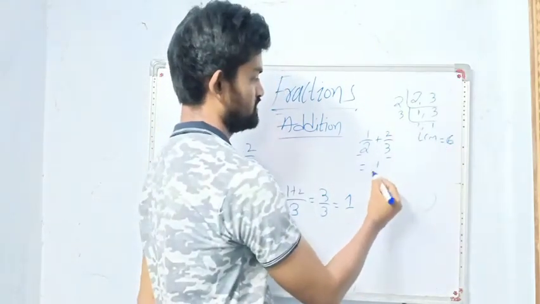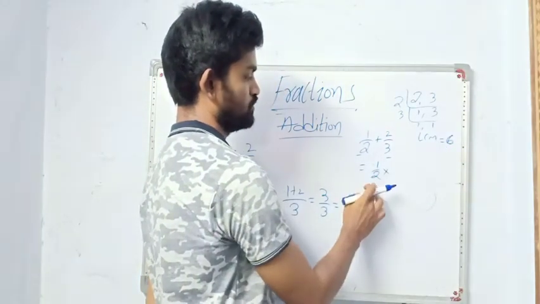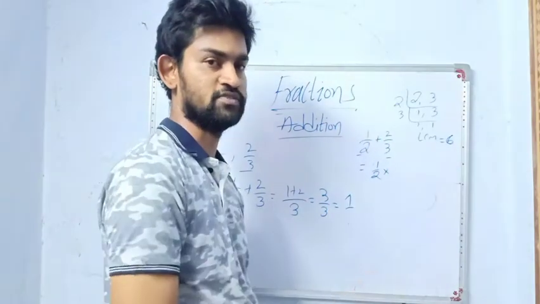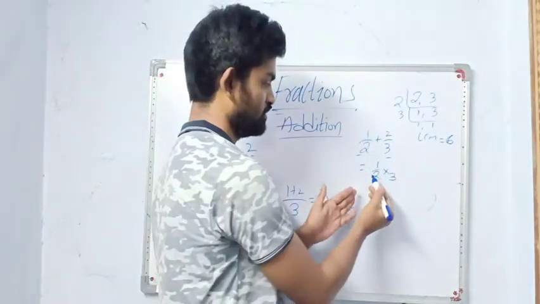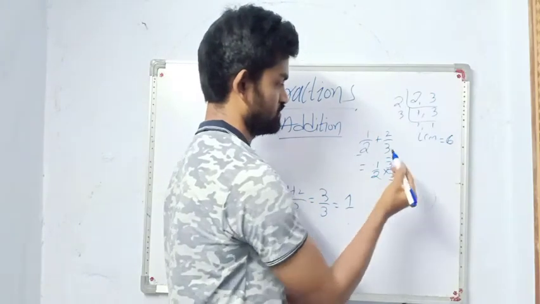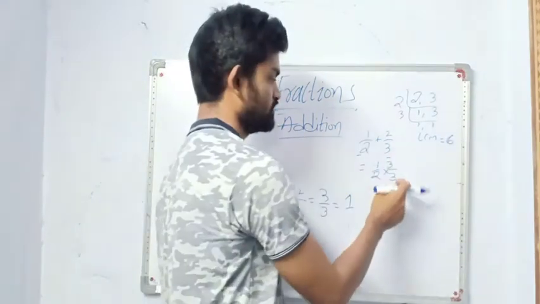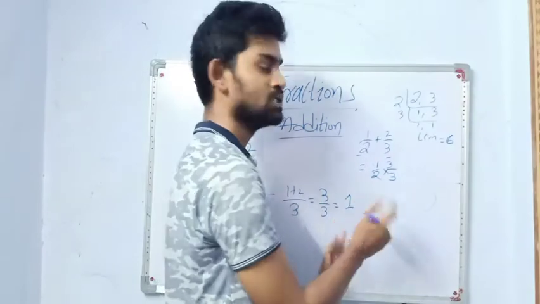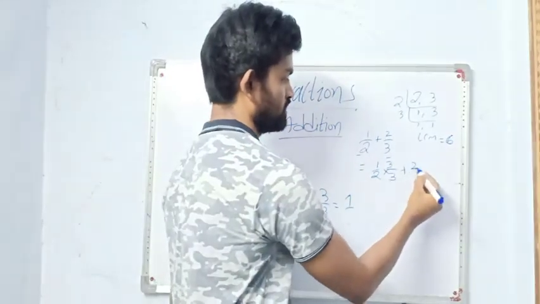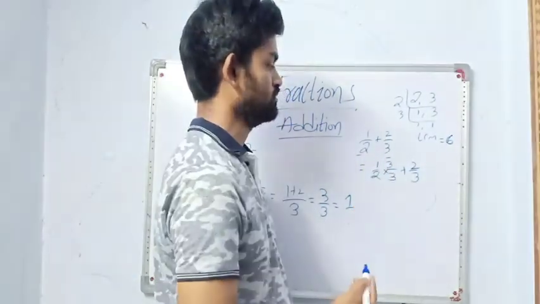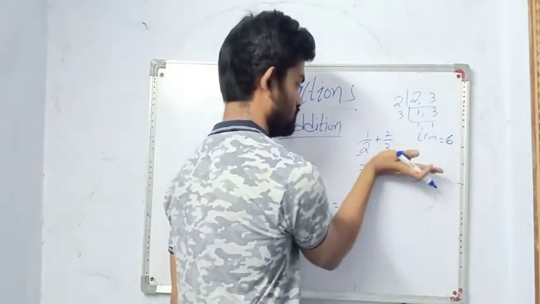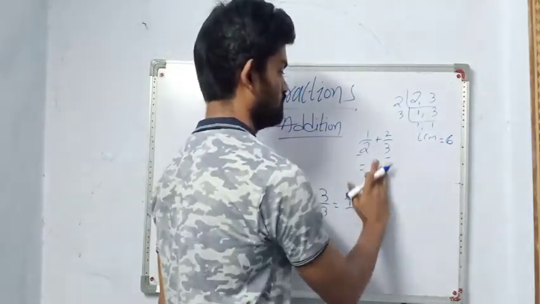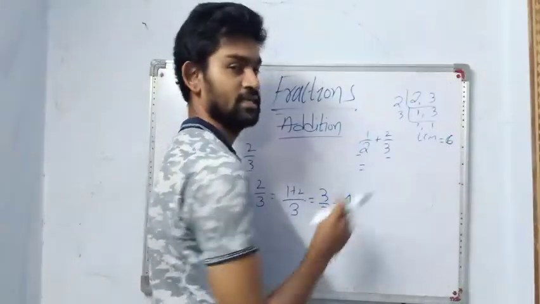Now this can be written as 1 by 2. So to make 2 into 6, how much do we have to multiply? 3. Whenever you multiply the denominator, you have to multiply the numerator also. So 3 by 3 how much? 1. So that value doesn't change. Next, here 2 by 3. See, we got the LCM as 6.